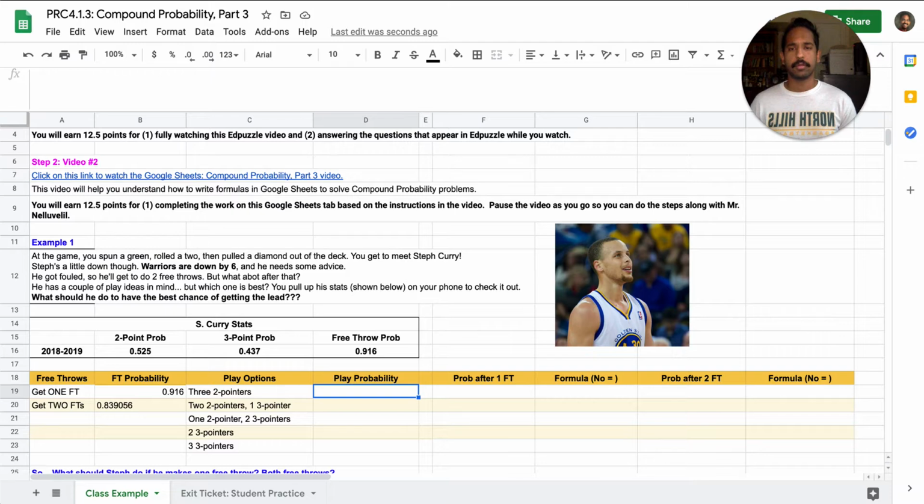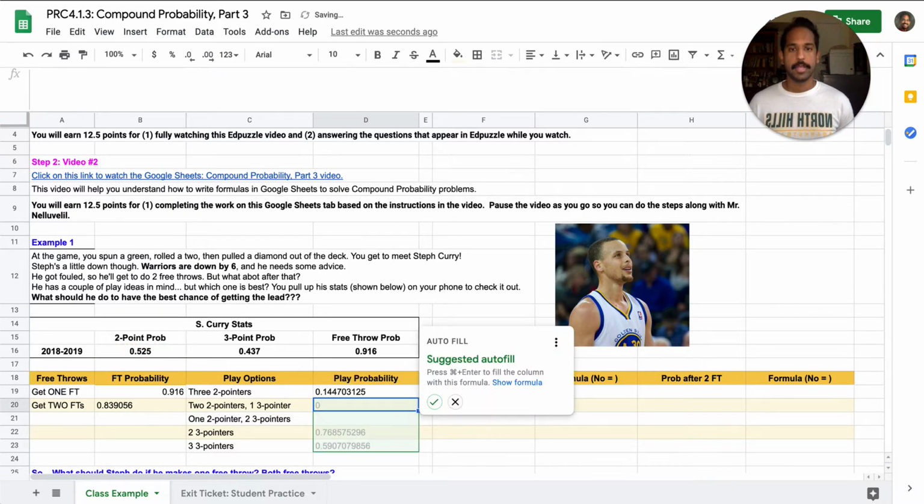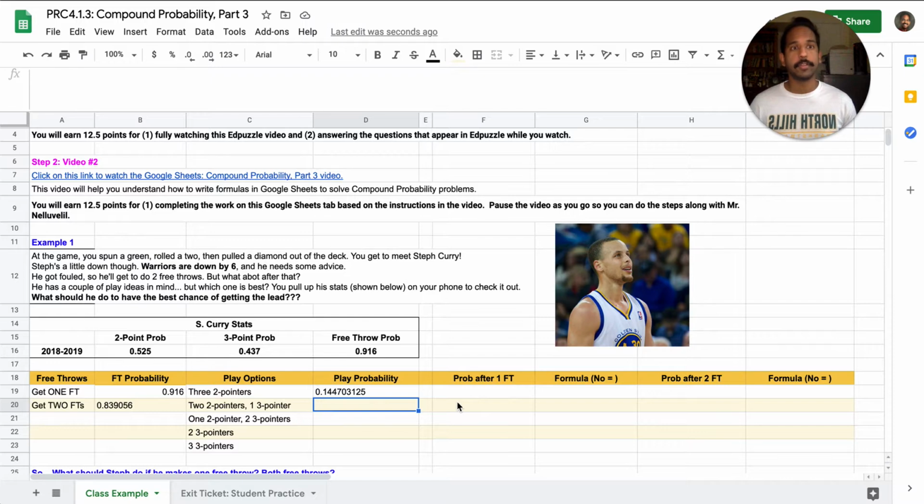What about here? To get three two-pointers, I see the two-pointer probability is in B16. I don't want to write B16 times B16 times B16, but I know that three two-pointers would be that three times, so B16 to the power of 3. It's asking me to autofill, and I'm not going to, because sometimes autofill gives you options that aren't actually what you wanted, because it can't tell what the text is saying.